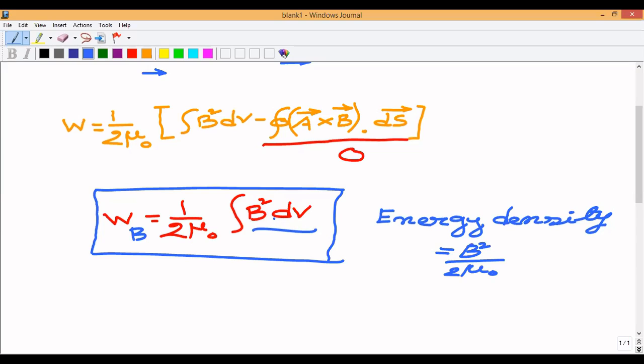And earlier you also found the energy stored in an electric field.